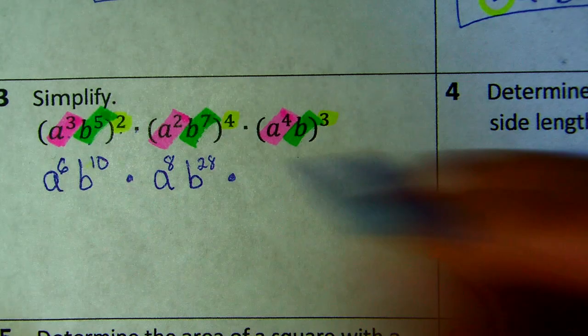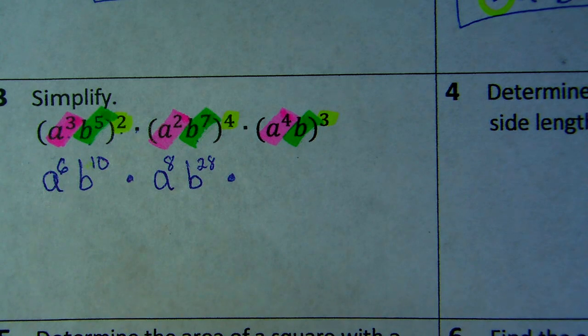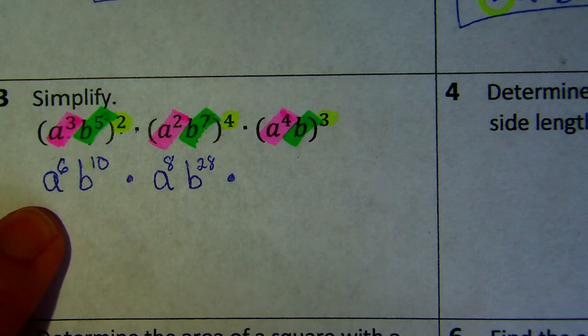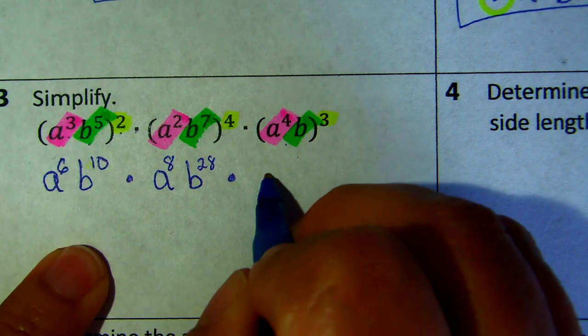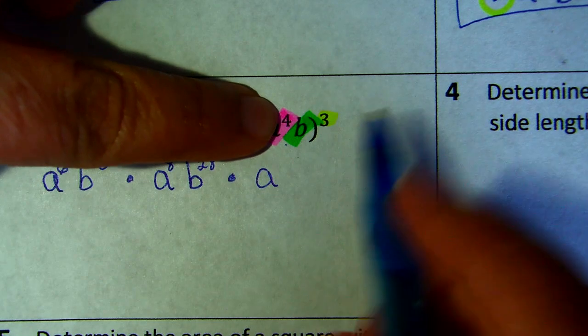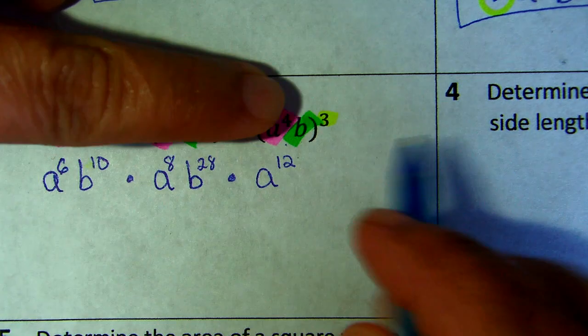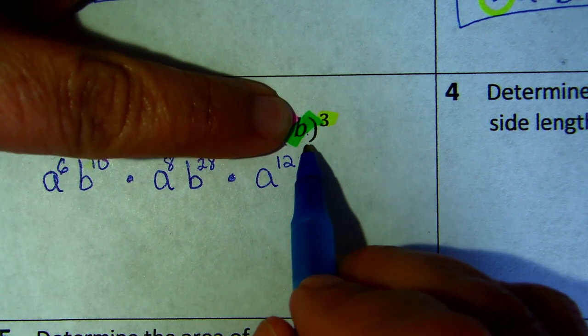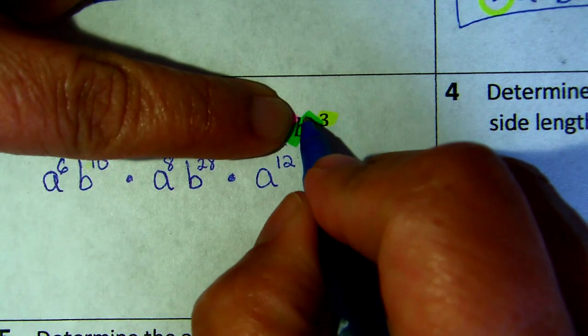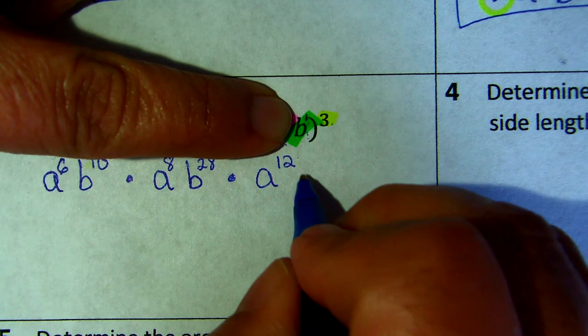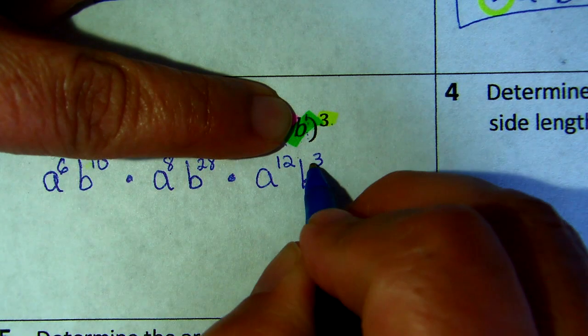Oh my God, I hope my multiplications are not failing me, okay? All right, and then this one, 4 times 3, 12. And then the B, what exponent does the B have here? We don't see it, but we know it's there. It's a 1. So 1 times 3, 3. Okay?